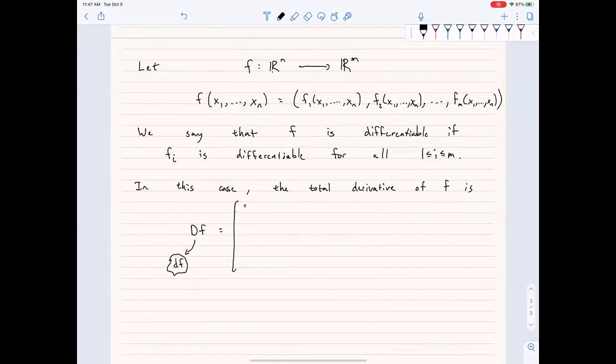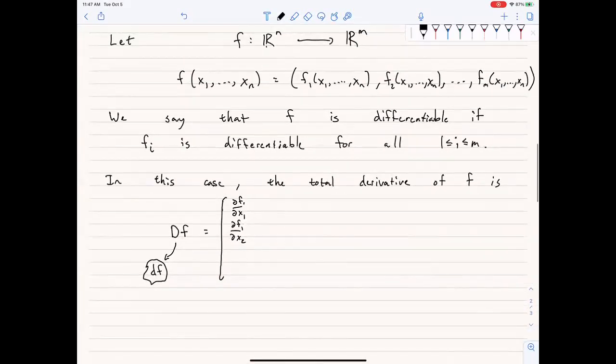You take each of these coordinates and you take their partial derivatives, the first partials. So we'll take the first row to be all of the first partials of the first function, f1. Pardon me, I mixed those up. Second row is going to be f2. We have n variables, so we can take n different partials, and that will form our first row.